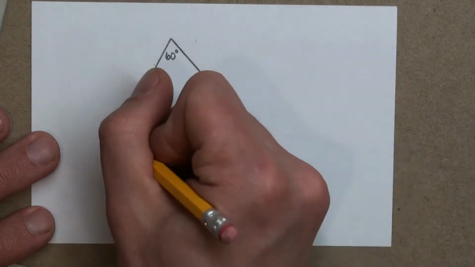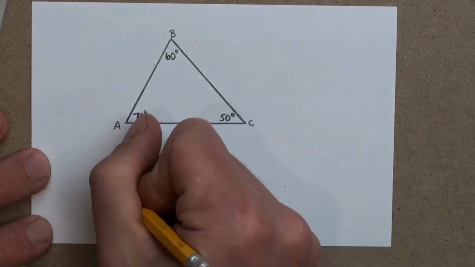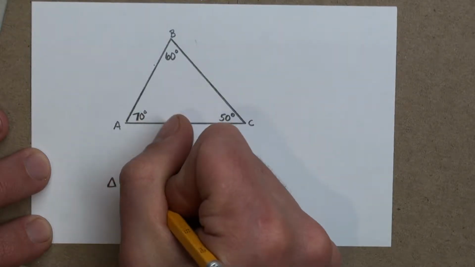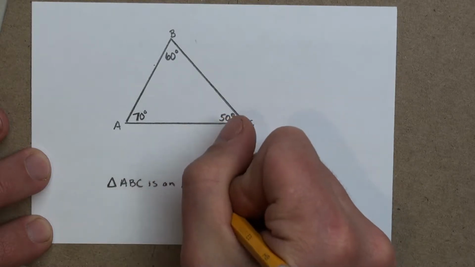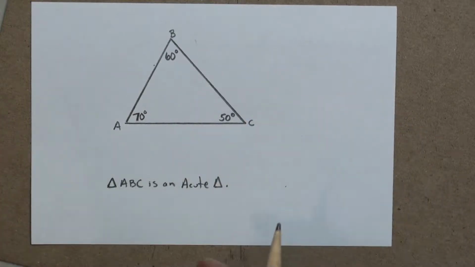Okay, so, and let's say that this is A, B, C, so then triangle ABC is an acute triangle.